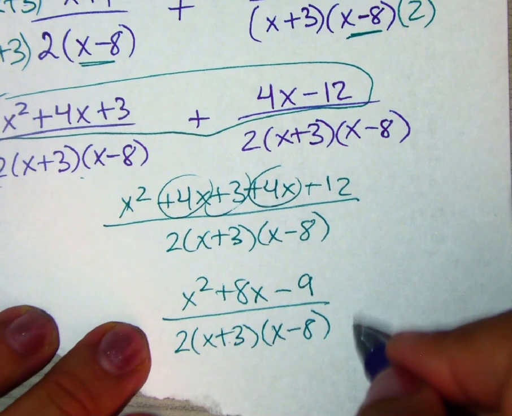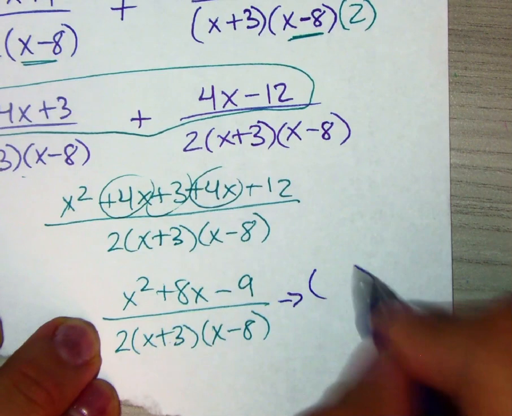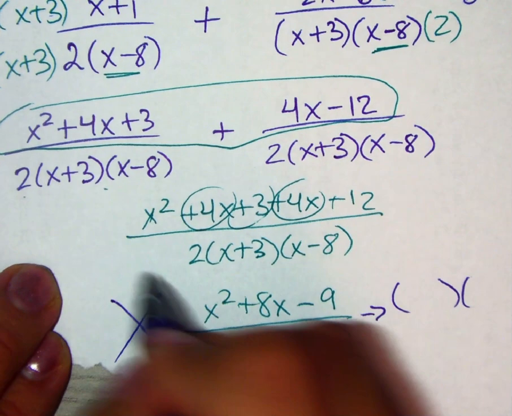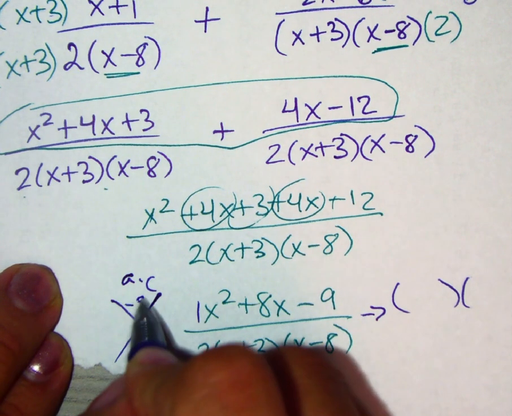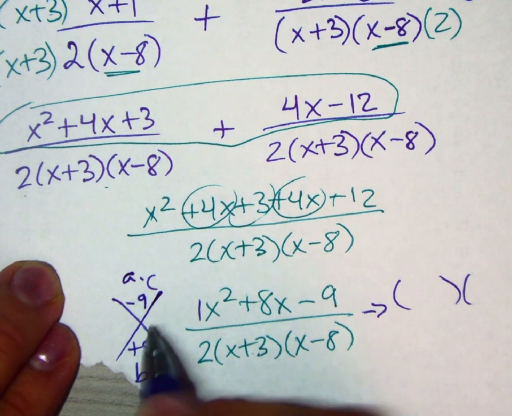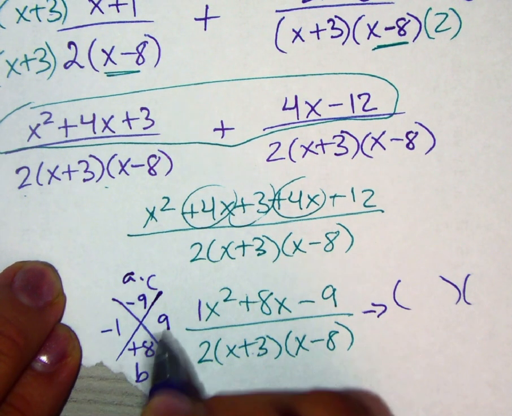Then you have the trinomial, and you want to check if it simplifies to two binomials. That would be you checking with the x, a times c and b. 1 times negative 9 is negative 9, and then the b is positive 8. So the factors of negative 9 are 1 and 9, and to get 8, we need to subtract 1 from 9.